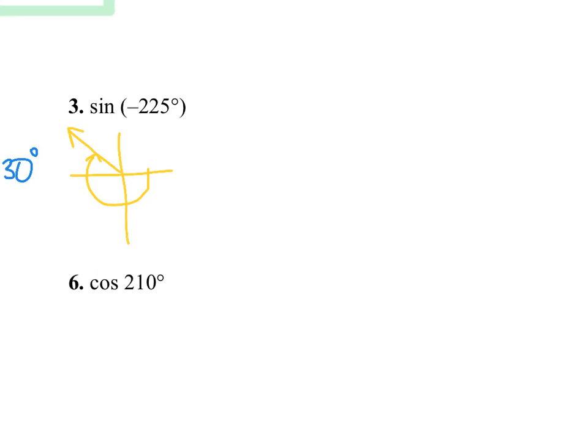Negative, so I'm going to go clockwise on that one, and that gets me a reference angle of 45 degrees here. Looking at your unit circle, and specifically at the y coordinate right there, we get rad 2 over 2, positive.